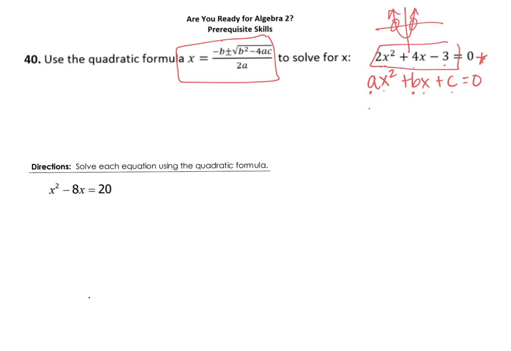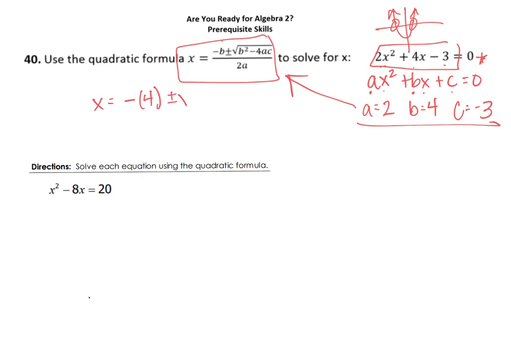The number in front of x squared is 2, so a is equal to 2. B is the number in front of x, so b is positive 4. C is the constant, so c is negative 3. These values are going to be plugged into this formula. This is what it's going to look like. We're going to say x is equal to negative, and then my b value, which is 4, plus or minus the square root.